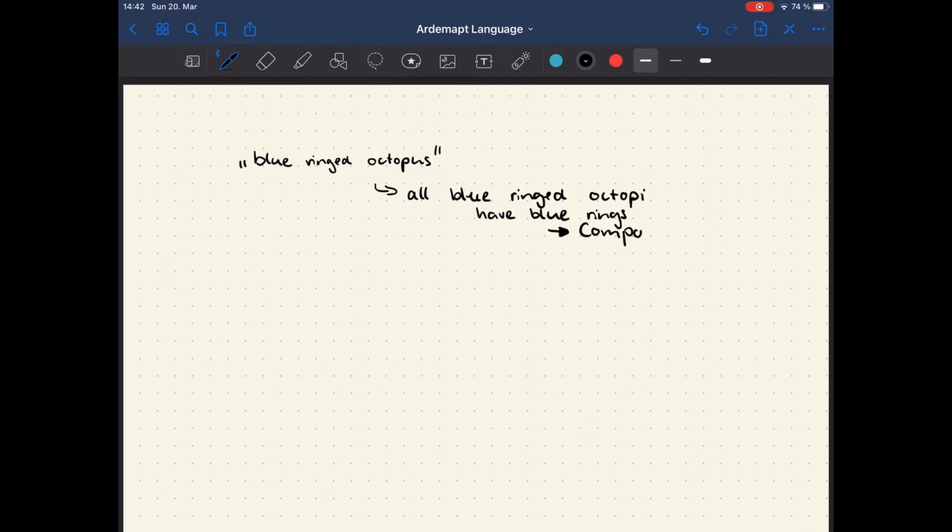You would just say red and then the compounded word for rose, because not all roses are red. So it's not an intrinsic part of a rose to be red. That's a bit of a more complicated subject we'll touch on in our video on adjectives. So how would you go about saying blue-winged octopus?